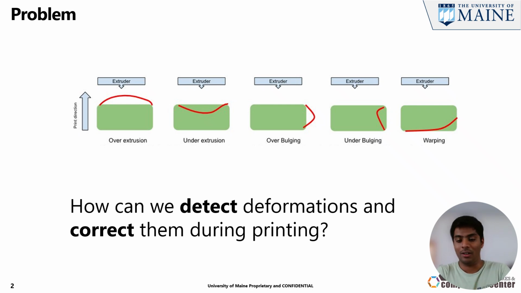And once you have the metric, you can do all sorts of cool stuff like correcting them during the print, having a control mechanism for the deposition during the print.